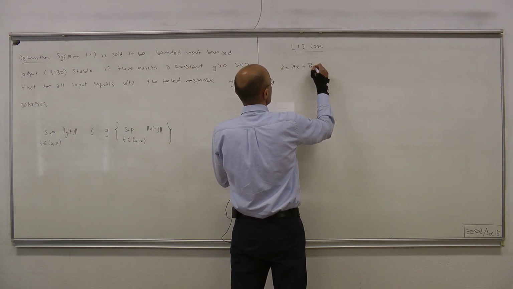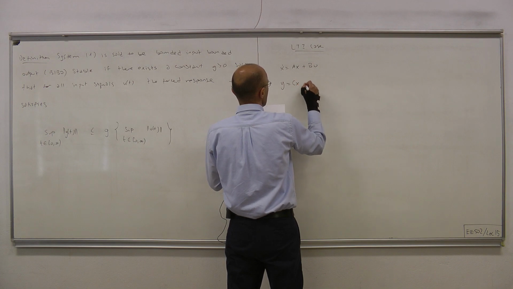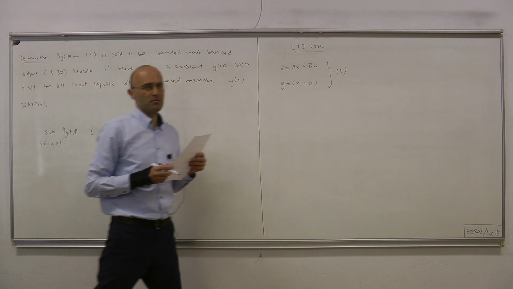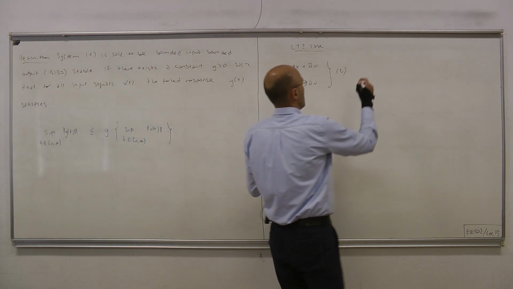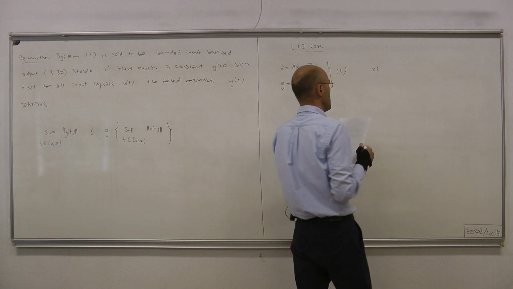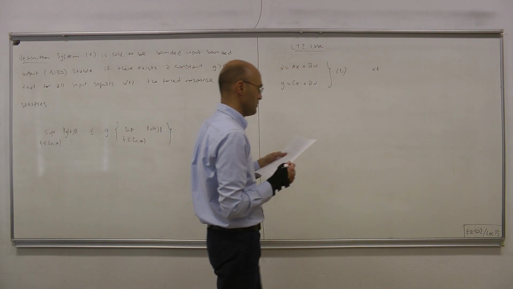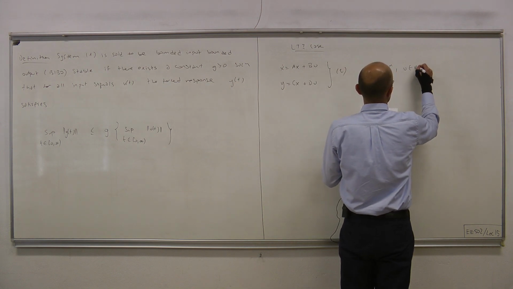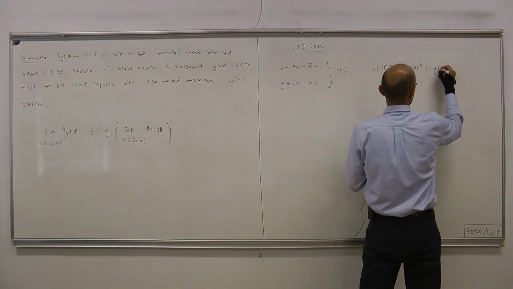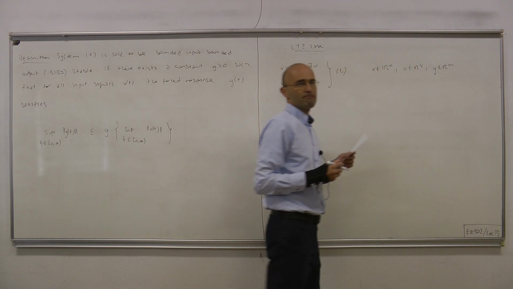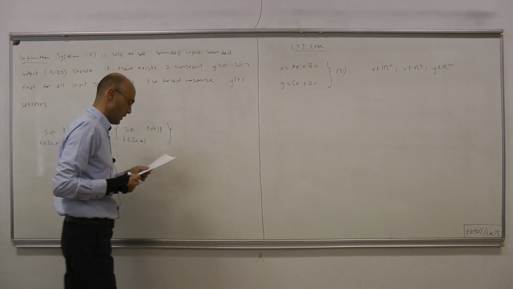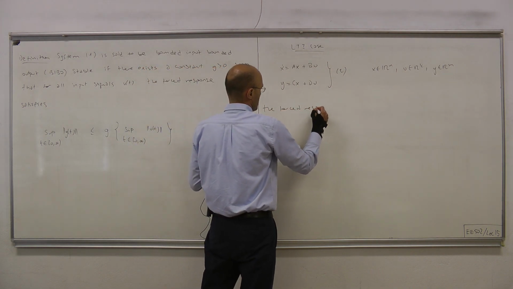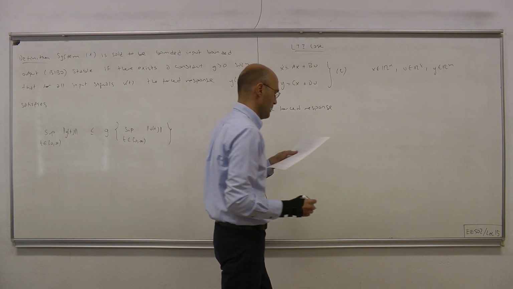x dot equals Ax plus Bu, y equals Cx plus Du. This we call our system 2. x, u and y are of the same size as before: x is in Rn, u is in Rk, and y is in Rm. Now the forced response.